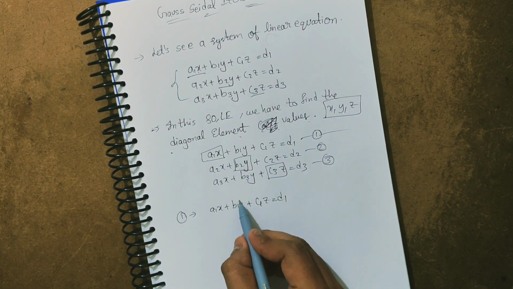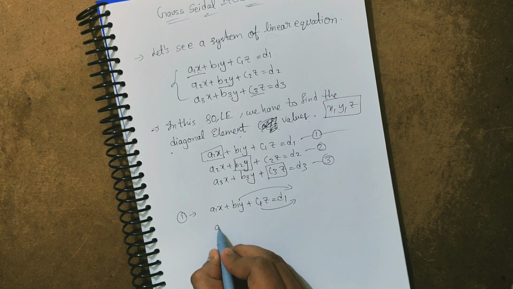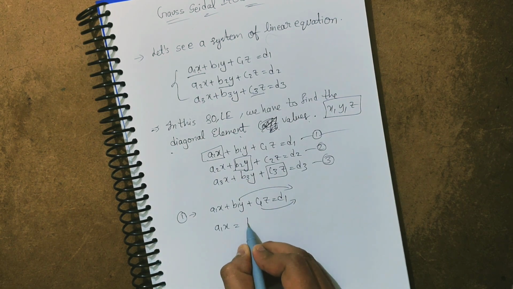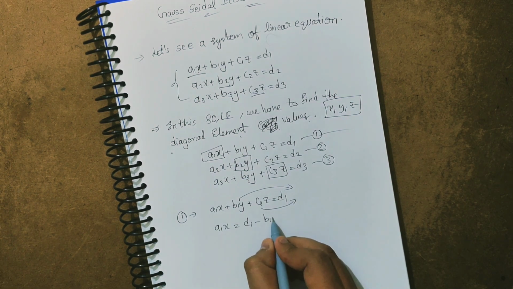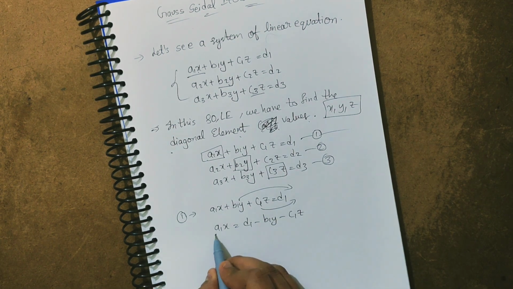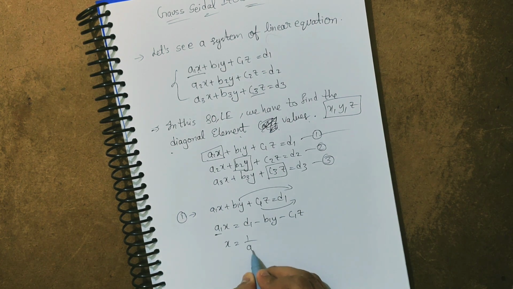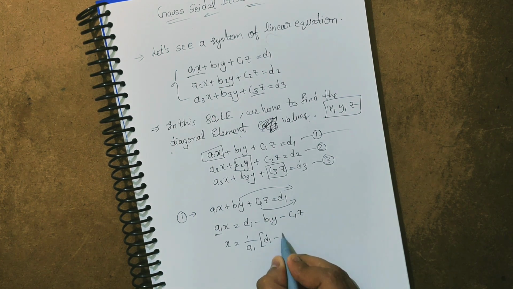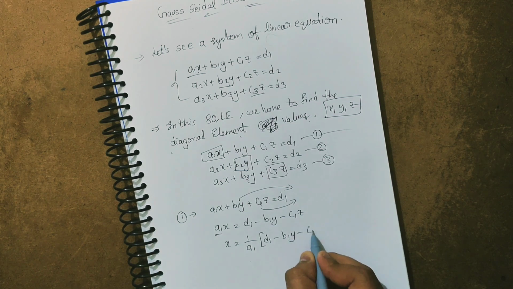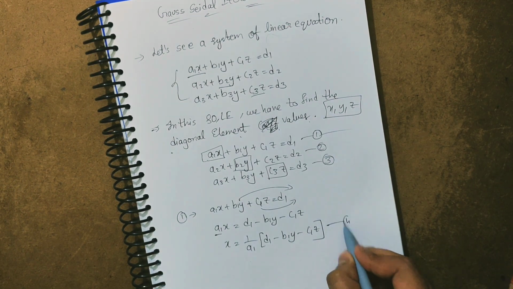Okay, let's move this to this side and also this one also this side, so that a1x equal to d1 minus b1y minus c1z. Now let's move a1 also to right side, x equal to 1 by a1 d1 minus b1y minus c1z. Okay, this will be your fourth equation.